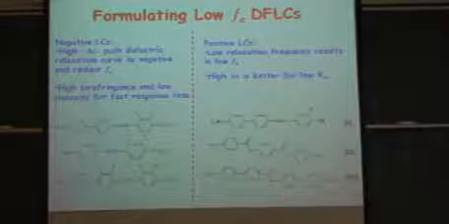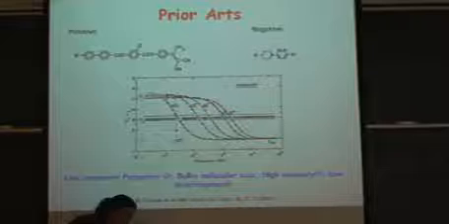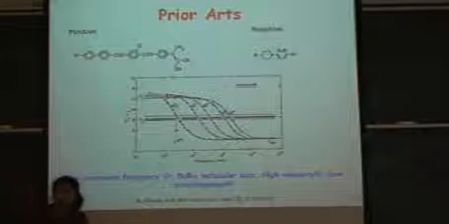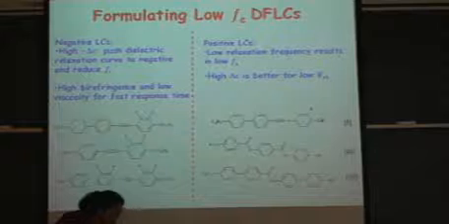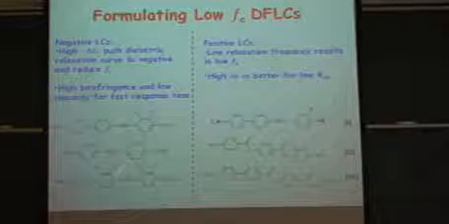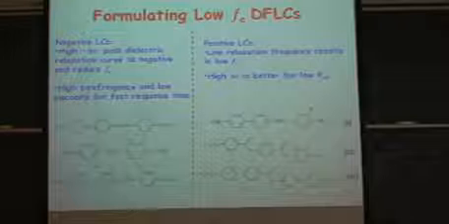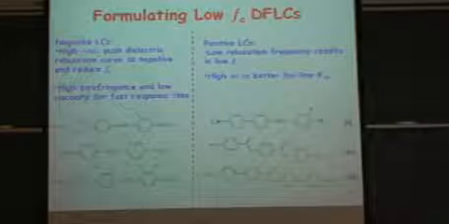And then the study is about comparing these molecular structures. How does this birefringence contribute to faster response time? In the second part of my talk, we'll talk about how birefringence leads to faster response time.